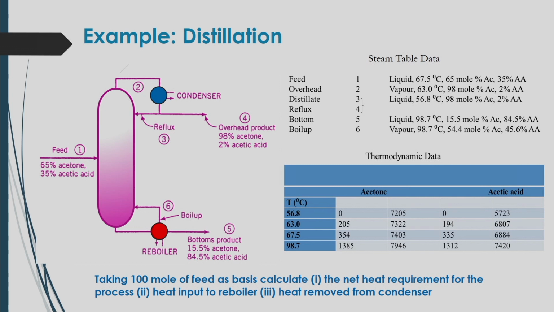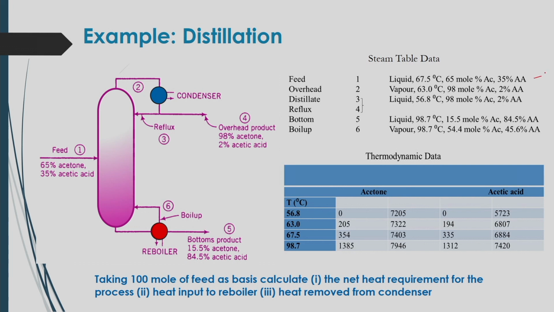So, for this you need some data. From the steam table you can have data like this. For the feed, if we represent it as stream 1, it is liquid at 67.5 degrees Celsius, a mixture of 65 mole percent acetone and 35 percent acetic acid.